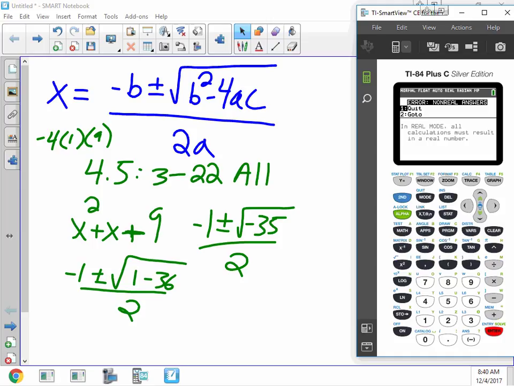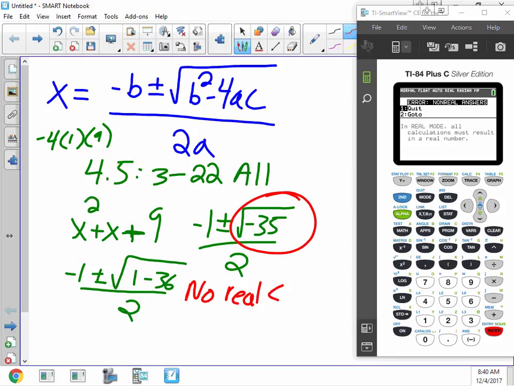What this means is this particular quadratic misses the x-axis, and we don't know how to solve that yet. So if you get to a problem where you end up with a negative underneath the square root, you need to write no real solutions.